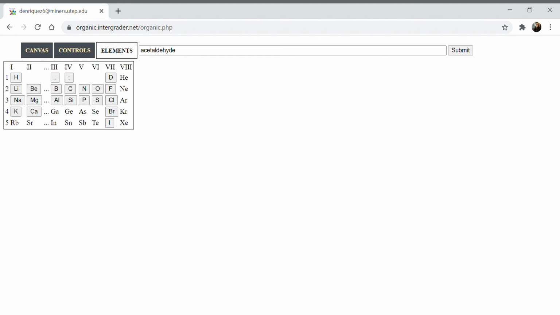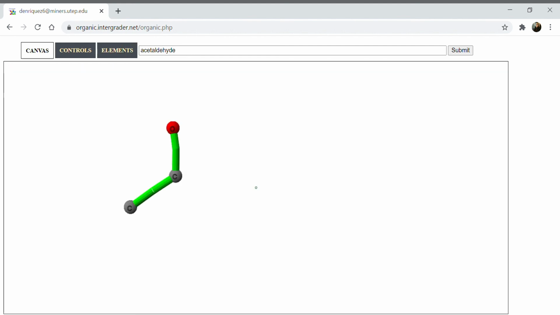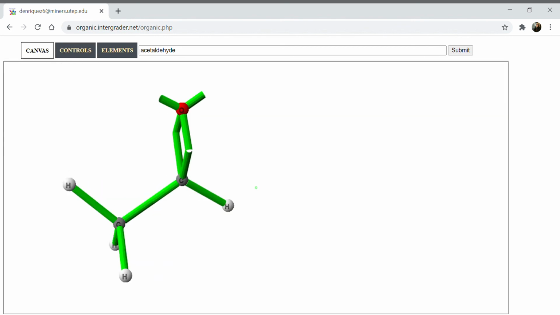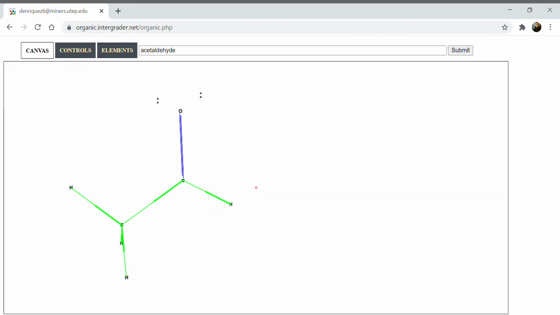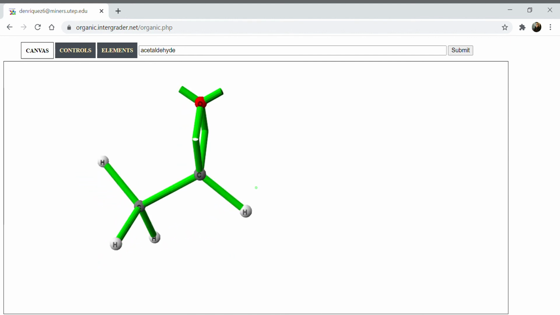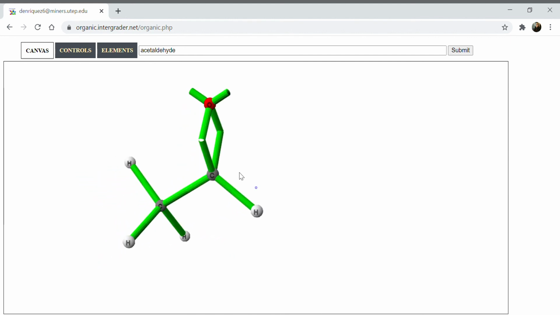To draw it, you put your carbon attached to a methyl, double bond it to an oxygen, and then add your hydrogens, arrange, roll. So this is acetaldehyde. This is the one that got me before, so I just wanted to show you guys. And yeah, I forgot what question it was that I was doing, but yep.